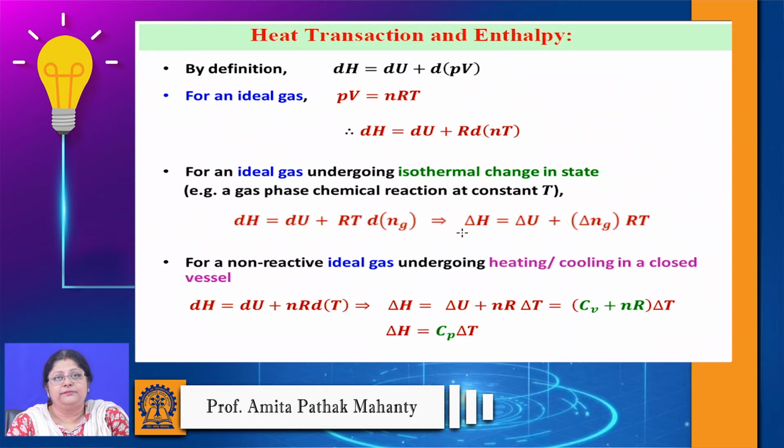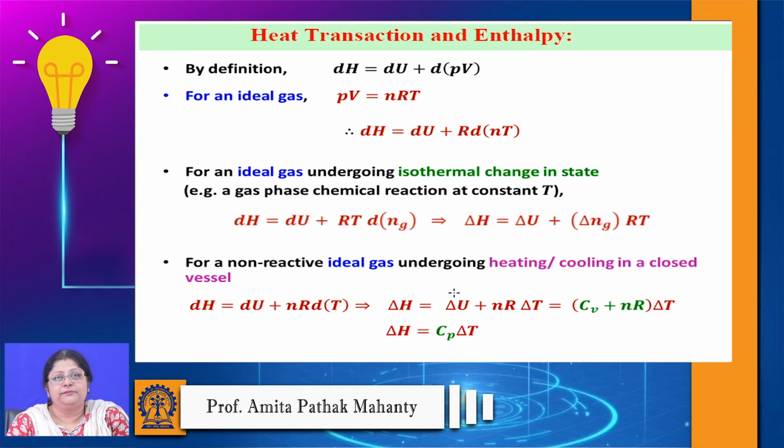So how can internal energy be related to the enthalpy change? For an ideal gas in an isothermal process, it is going to be nothing but delta U plus the change in the number of moles in the particular gas reaction times RT. If there are non-reactive ideal gases undergoing heating and cooling in a closed vessel, then we can replace this R by Cp minus Cv.